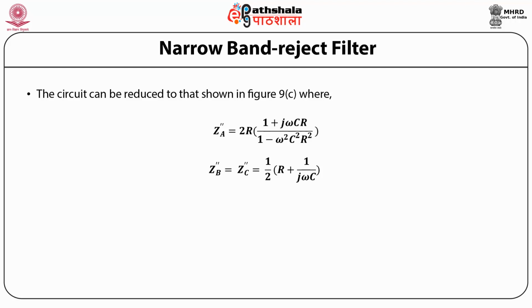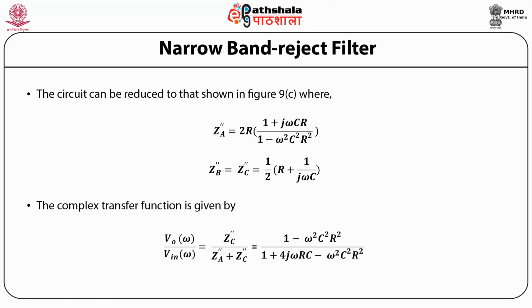ZB double prime equals ZC double prime equals 1 by 2 into, within the brackets, R plus 1 by j omega C. The complex transfer function is given by V naught of omega divided by Vn of omega equals ZC double prime divided by ZA double prime plus ZC double prime, which equals 1 minus omega square C square R square divided by 1 plus 4 into j omega RC minus omega square C square R square.